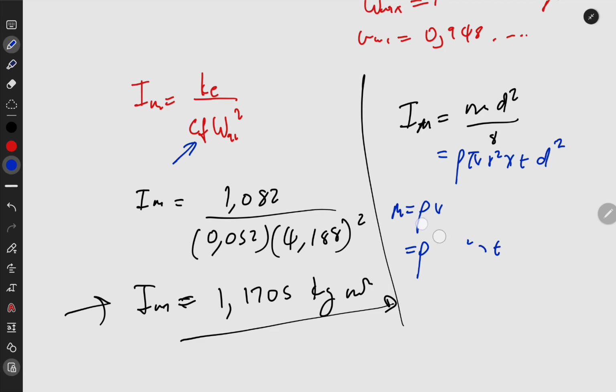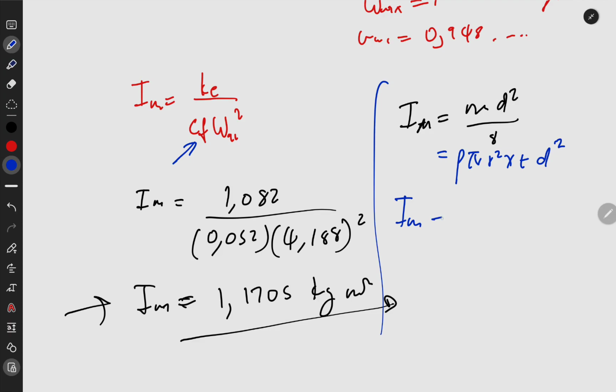Okay, cool. So for uniform purposes, I can say pi, then I'll have r, not r, I want d squared all over 4, times thickness, then I'll have another d squared, then you see I will have d to the power 4 all over 4 times thickness.